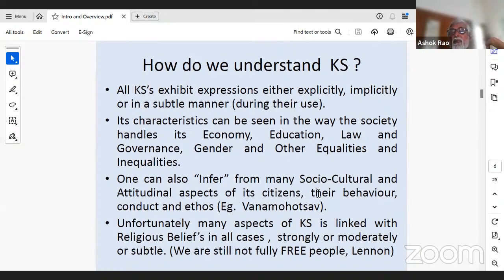One can also infer from many socio-cultural and attitudinal aspects of citizens. For example, we are one of the few societies which still do Vana Mahotsav. Tribal societies do, which means our society, like all societies, have evolved from tribal culture, and we have not discarded many of them. Unfortunately, many aspects of knowledge system is linked with religious beliefs.